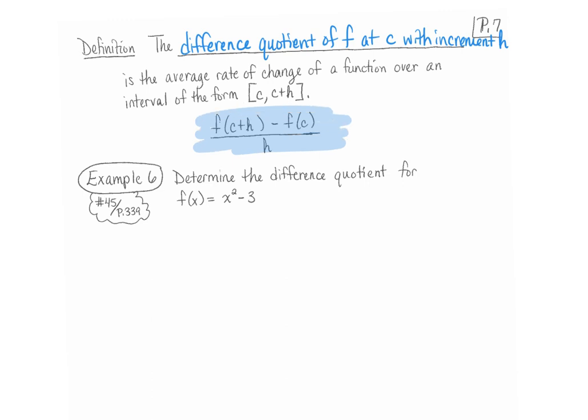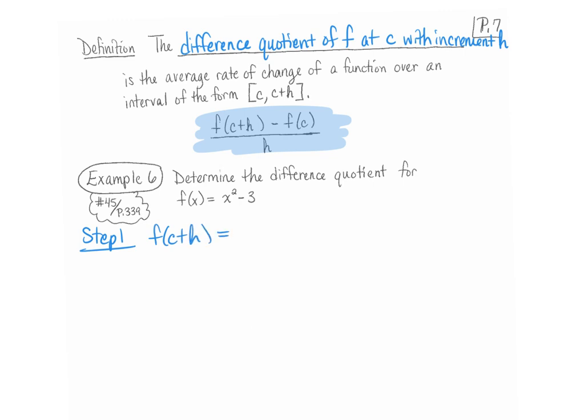Okay, so let's determine the difference quotient for f of x equals x squared minus 3. Now before, whenever I went over this with you, we did it in steps. Would you like to do it in steps here, or would you like to do it all together? In steps? Okay, so step 1. Let's find f of c plus h.